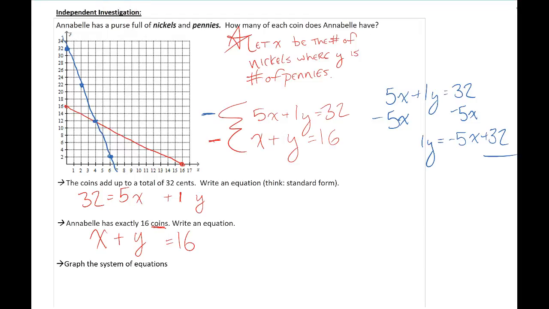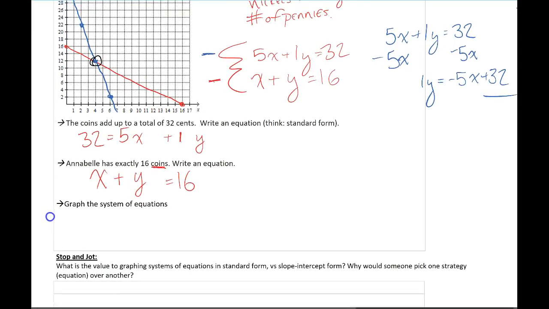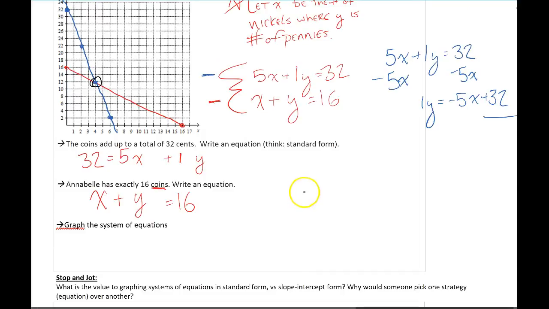Now what that means is this has allowed me to determine that Annabelle has precisely 12 on her y and 4 on her x. So the solution here is (4, 12). But what does that mean in context? Again, we talked about context today.